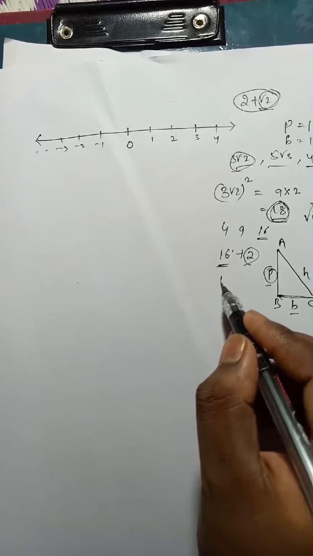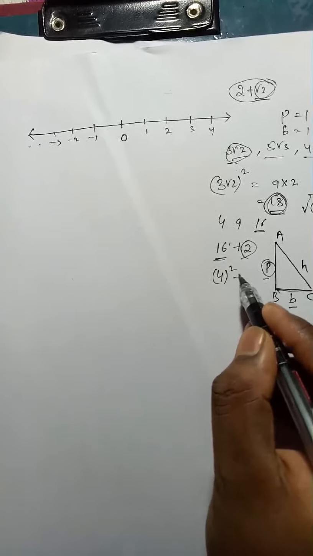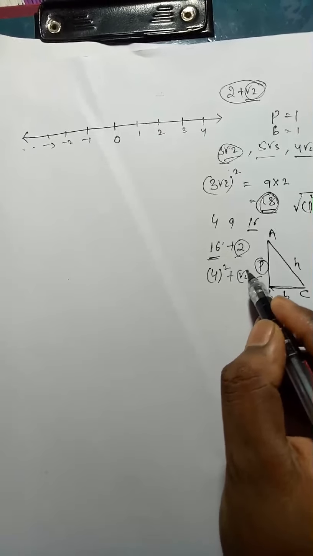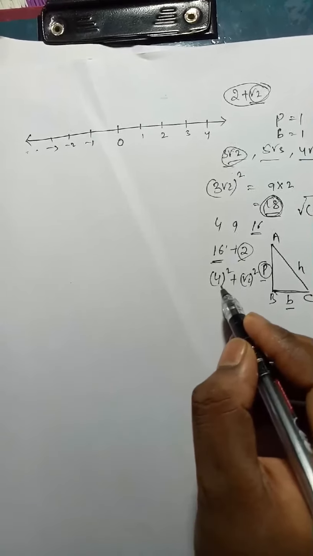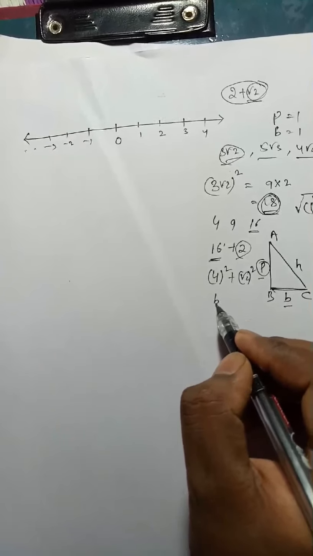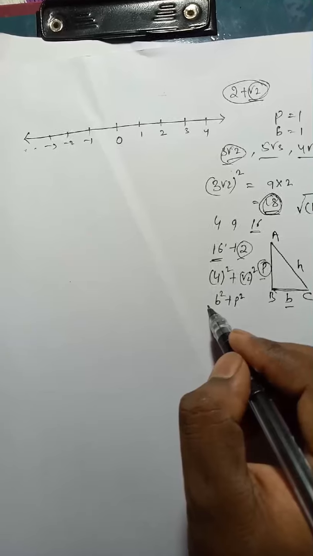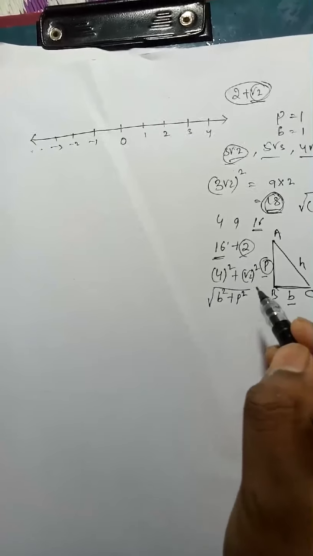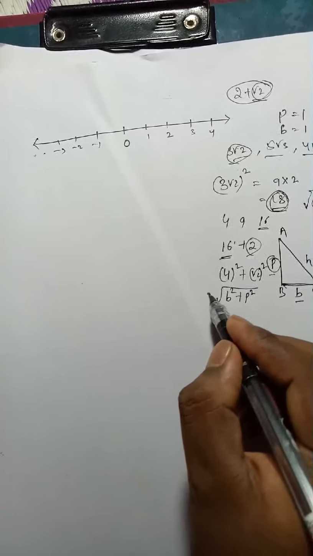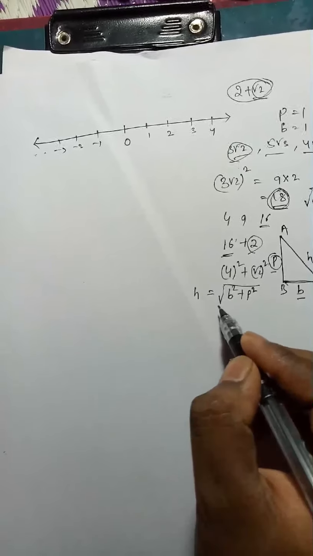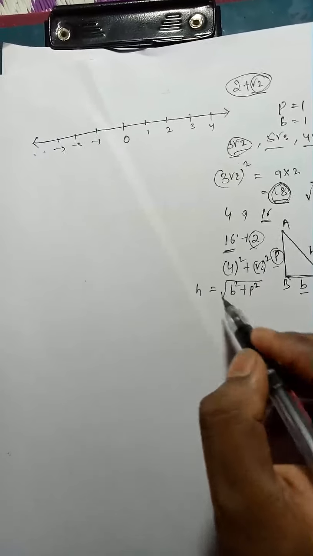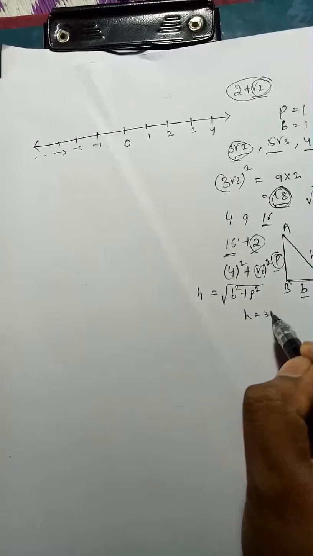Here 16 is the square of 4 and 2 is the square of root 2, and this is your b square plus p square, and the root of b square plus p square is equal to your h, and we know that here h is equal to 3 root 2.